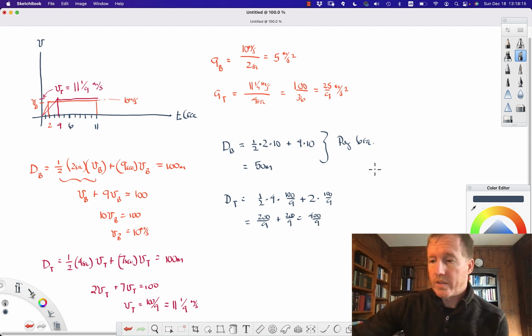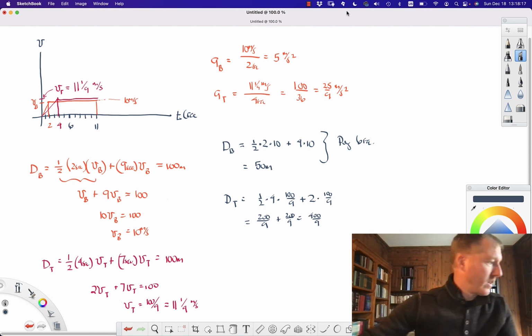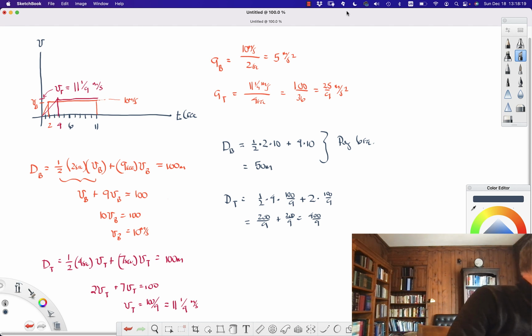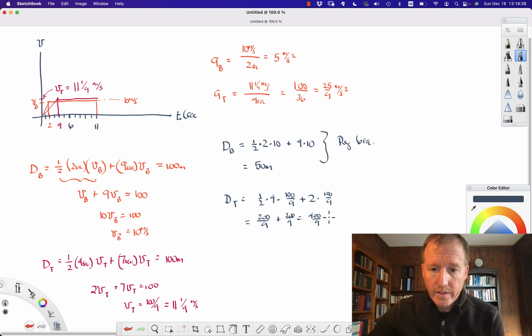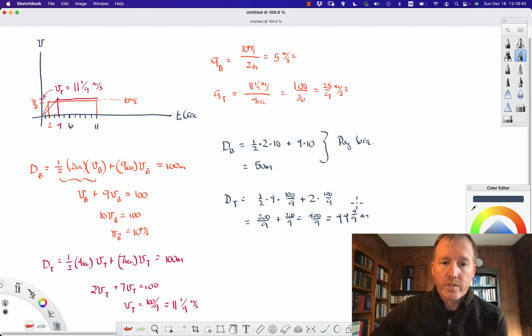Well, let me quickly plug this into a calculator. And that is 44 4/9 meters. So the answer is that Bill is ahead at 6 seconds.